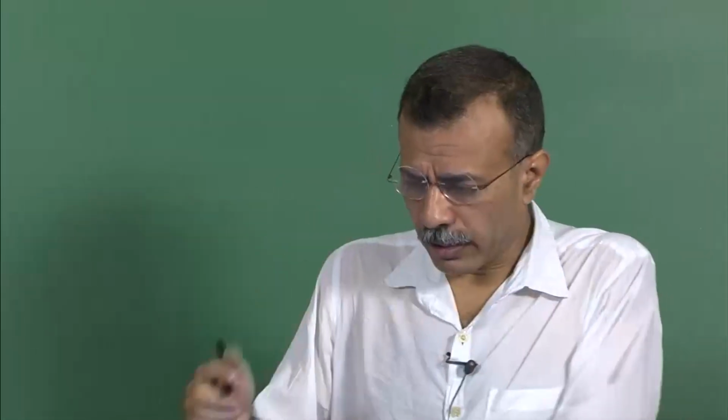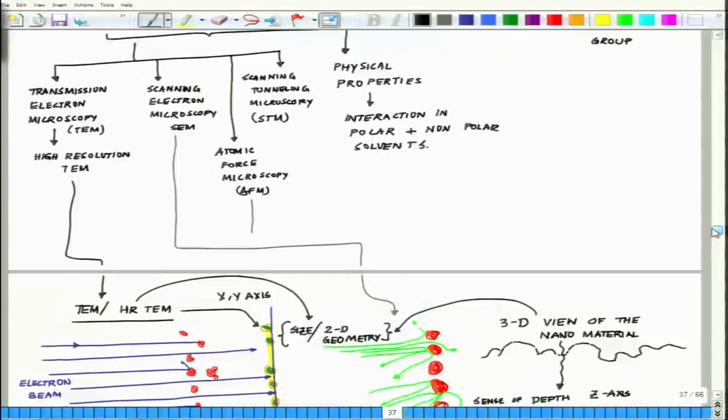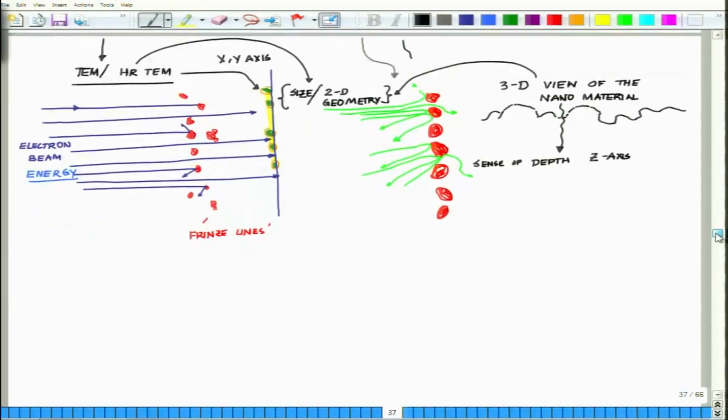So, the next technique in the same line is called atomic force microscopy. This is again a very interesting bit of innovation of mankind. So, the way it works, AFM is one beautiful surface characterization technique.